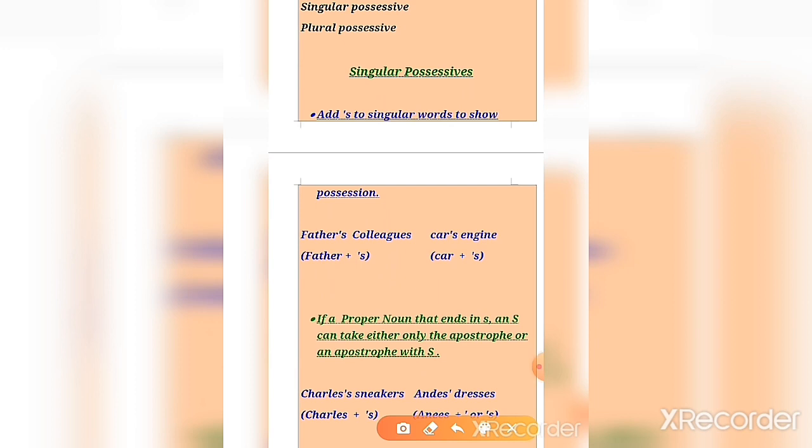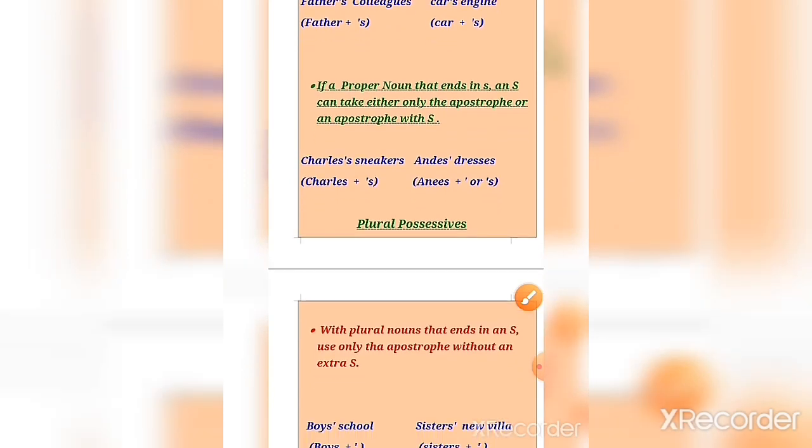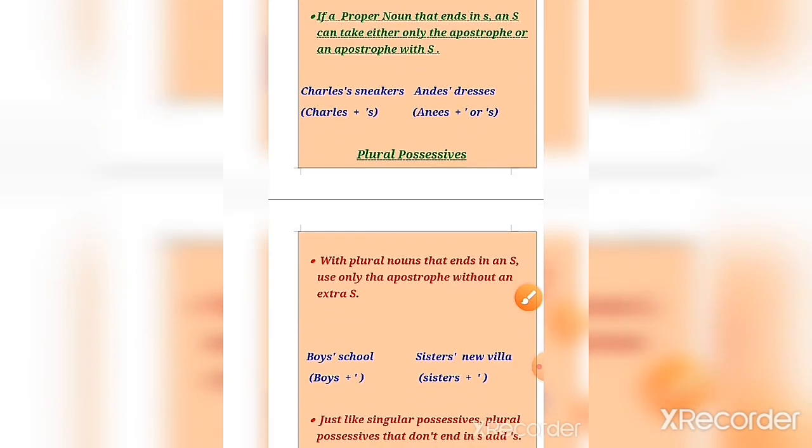Second, if a proper noun ends in s, it can take either only the apostrophe or an apostrophe with s. So if any proper noun ends with s, in that case we can use either an apostrophe or an apostrophe s.